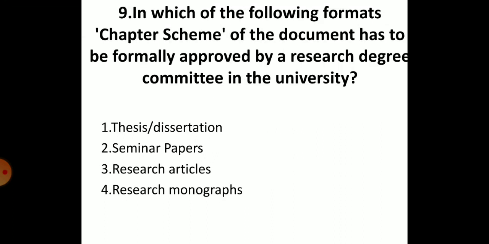Question number 9. In which of the following formats does the chapter scheme of the document have to be formally approved by a research degree committee in the university? Options: thesis or dissertation, seminar papers, research articles, research monographs. Thesis or dissertation formats' chapter scheme has to be formally approved by a research degree committee in the university.